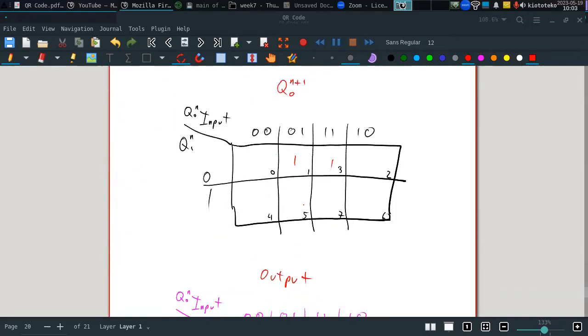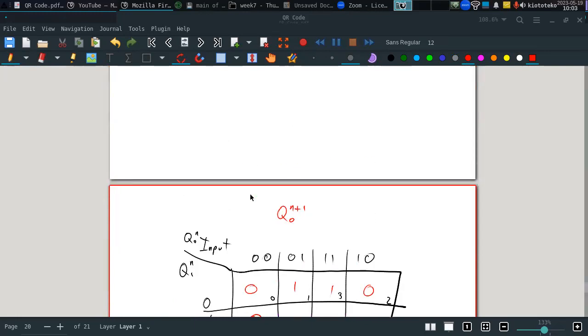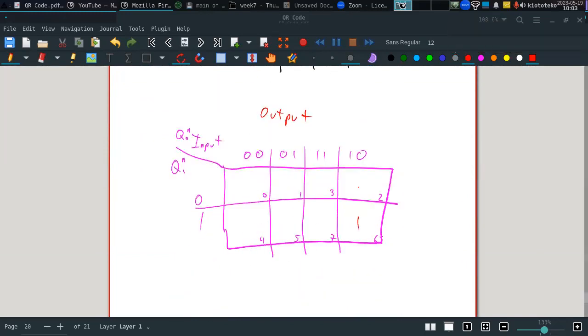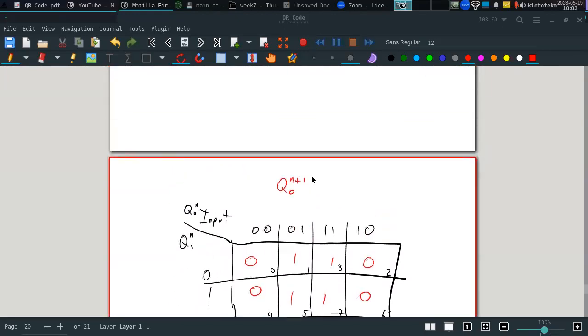And in the third case, well, there's only a 1 in 6. So in this case, we don't really need a Karnaugh map. Well, if we go with maxterms, maybe you can do something here, but let's just stick with the minterms.